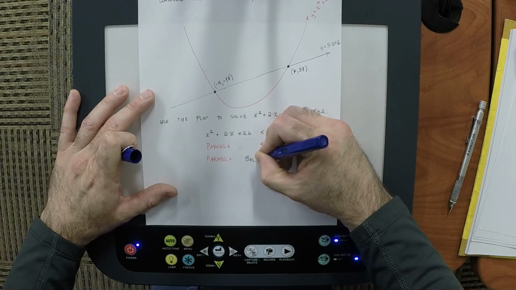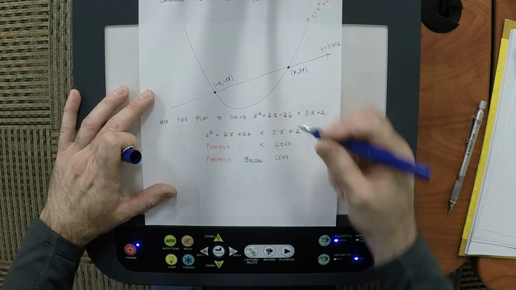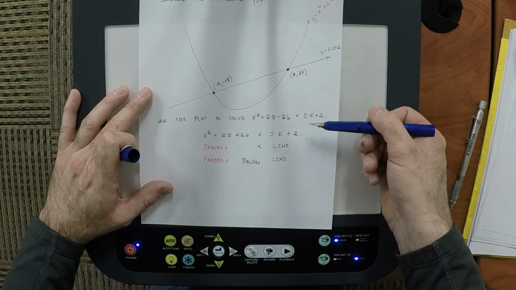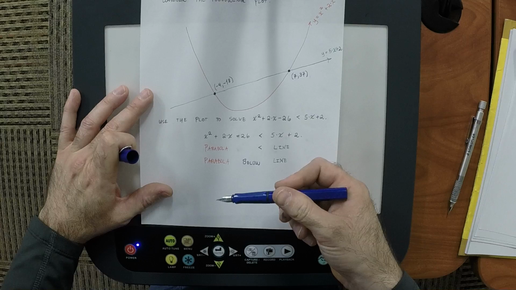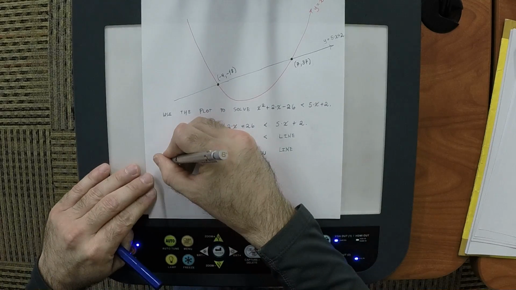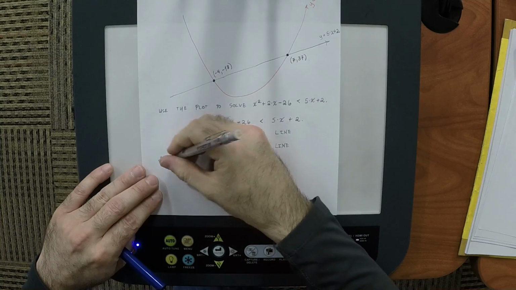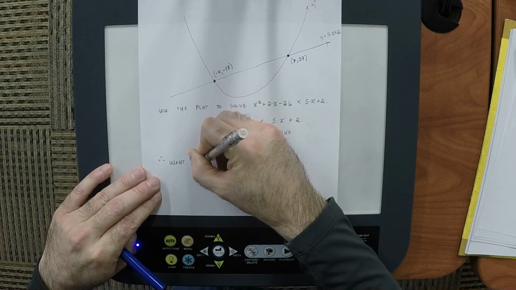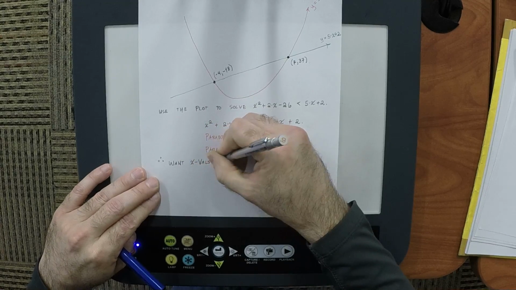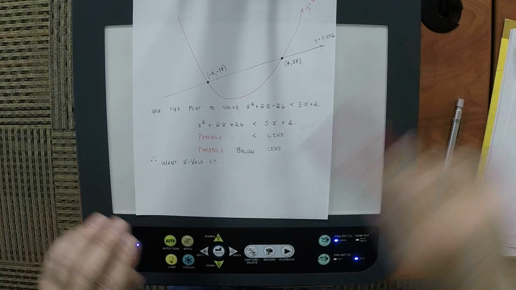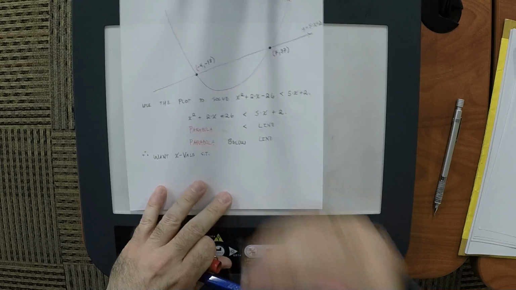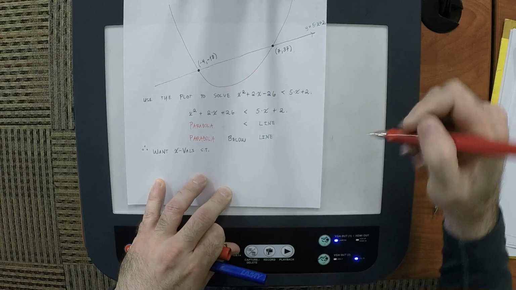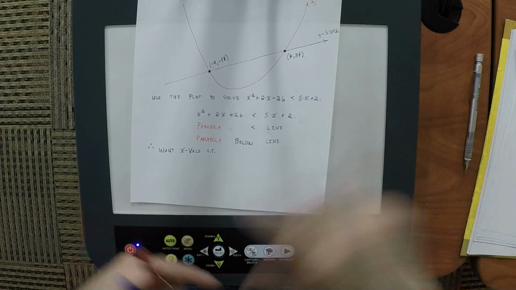To be clear, what I'm doing is a step-by-step translation of the inequality into English. So the final thing in English is that we want the x values such that the y value of the parabola, well, you could say it like this. Visually, the parabola is below the line.